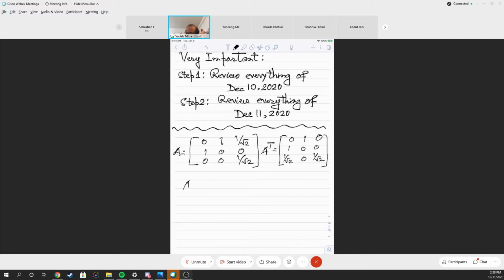So multiplying gives 1, 0, and so on. So it is not orthogonal, because it's not the identity.